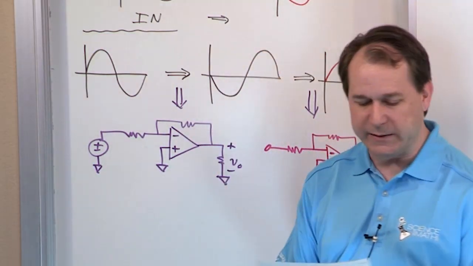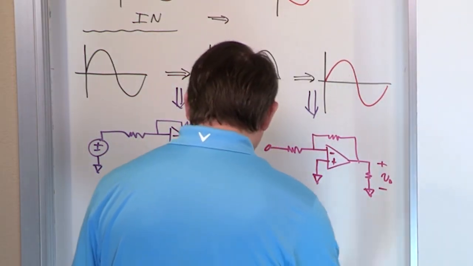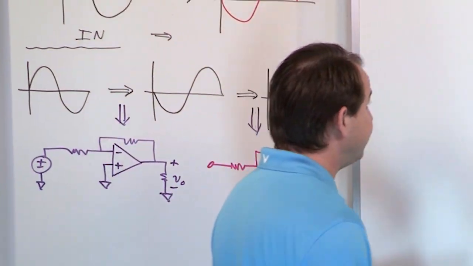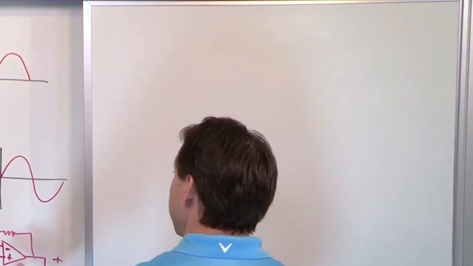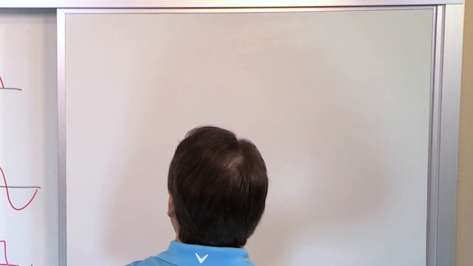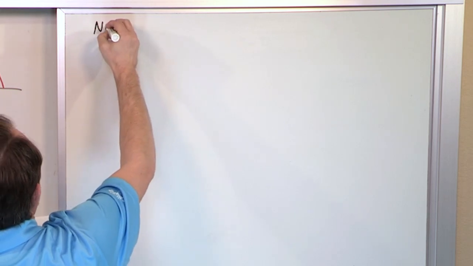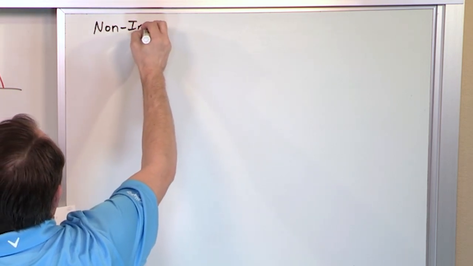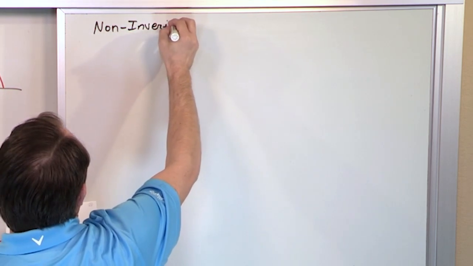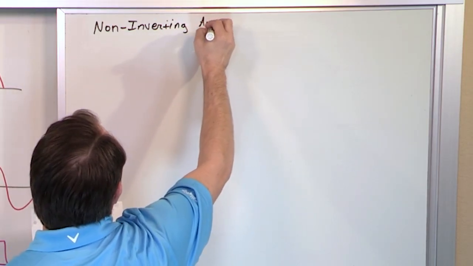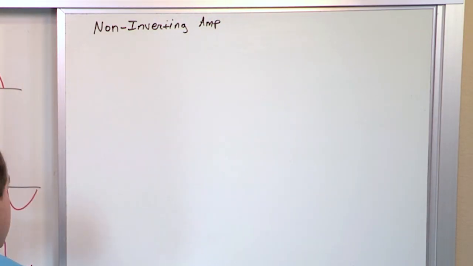So I wanted to show you in a big picture how it could be done with inverting amplifiers. Now I want to show you how to build this thing with one op amp, and we call it the non-inverting amp, or the non-inverting op amp, right?